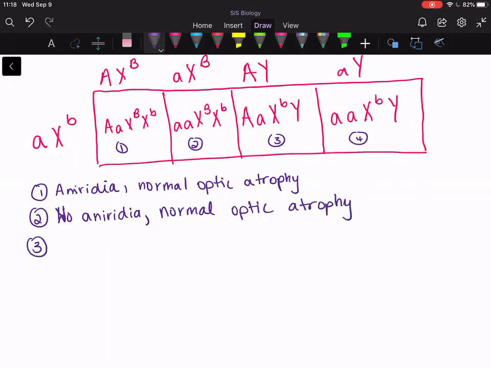Number 3. This is heterozygous. Are they going to have aniridia? Yes, because it's a dominant trait. So aniridia. And what about optic atrophy? It's going to have optic atrophy. And number 4 is no aniridia.